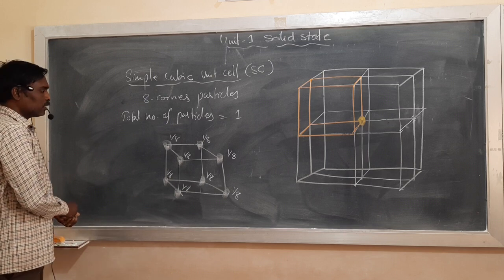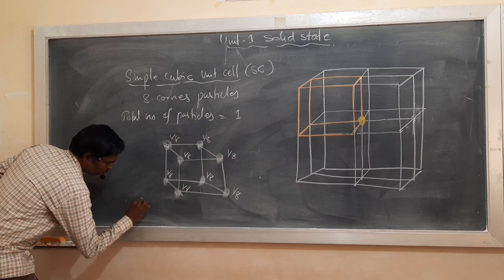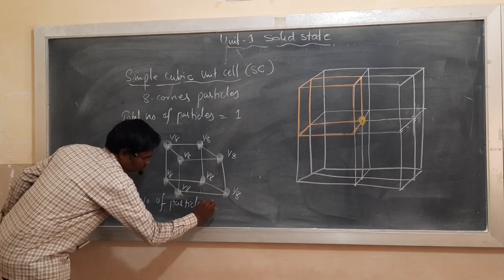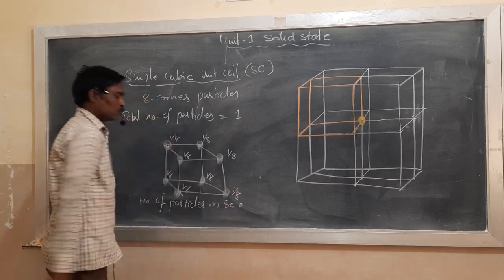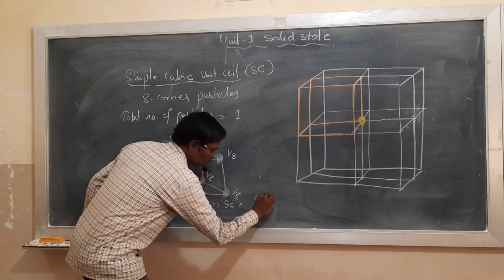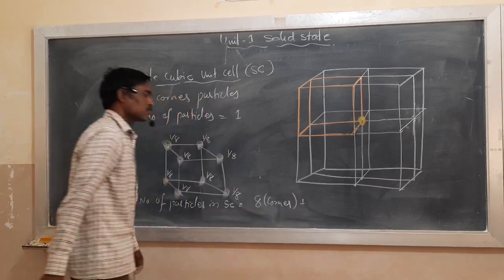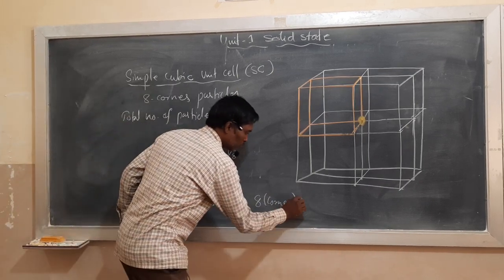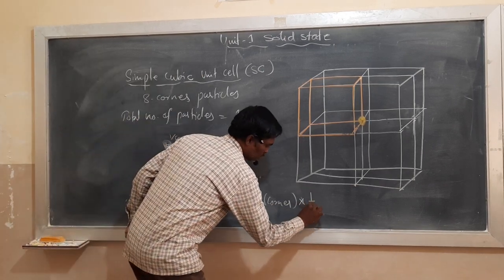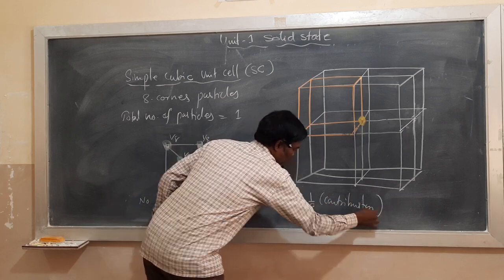Therefore, we calculate the number of particles in SC as the total number of particles, which are 8 corner particles, into the contribution of each corner particle, 1/8.